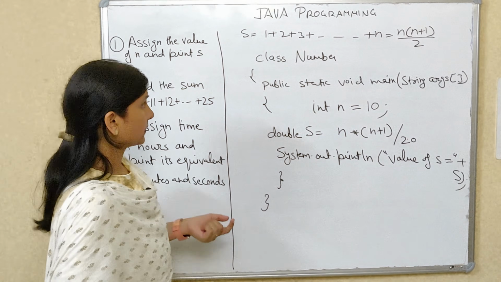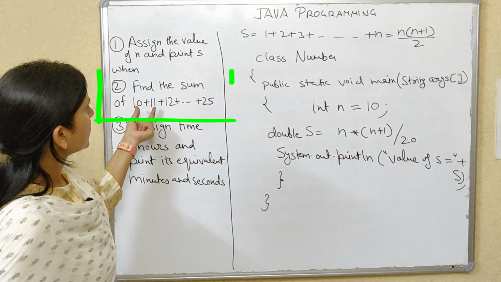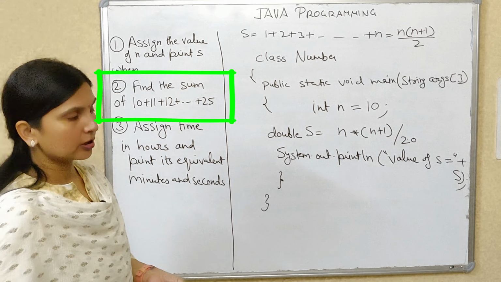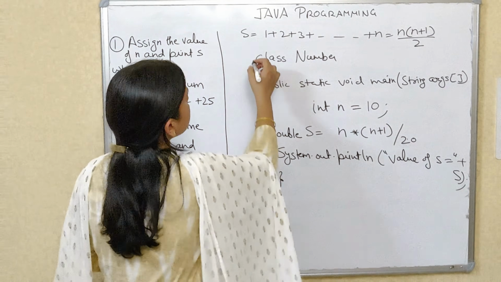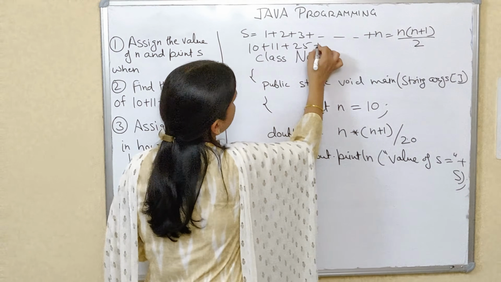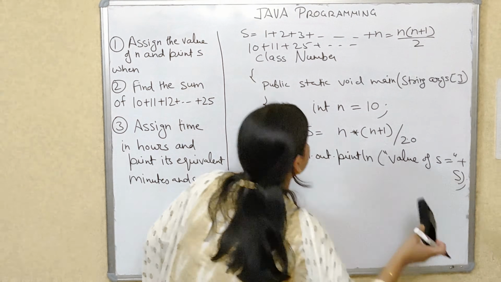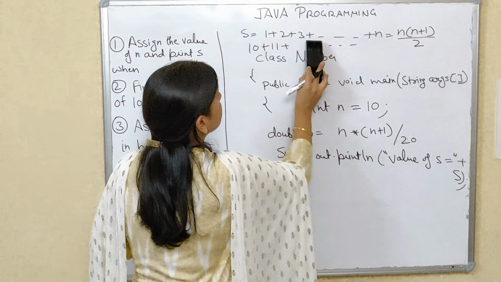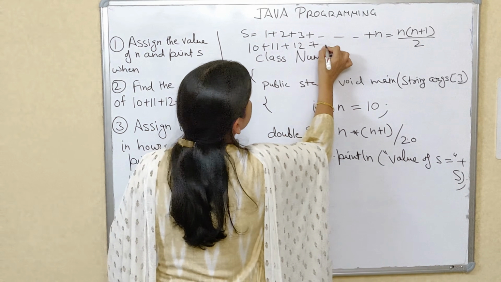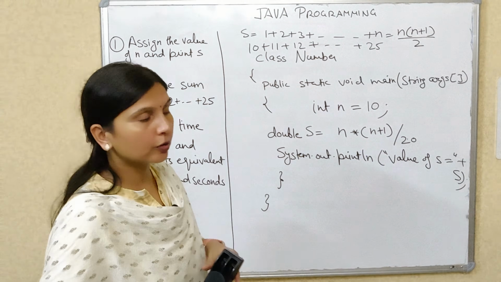Fine. Now the second program. Find the sum of the series 10 plus 11 plus 12 up to 25. Now the series is 10 plus 11 plus 12 up to 25, and by using which formula?